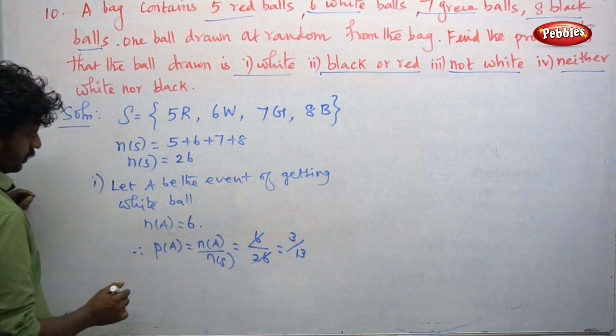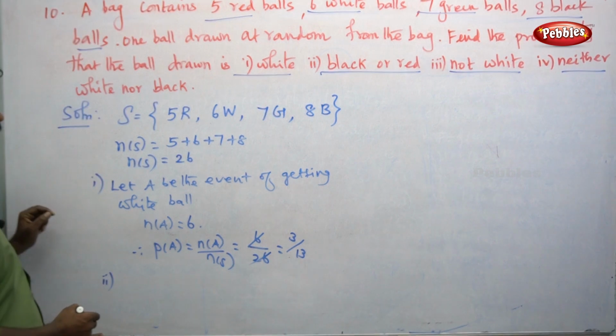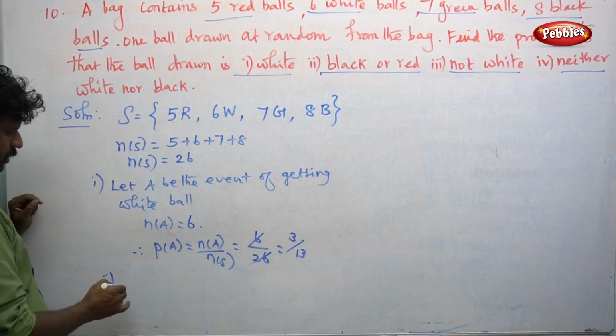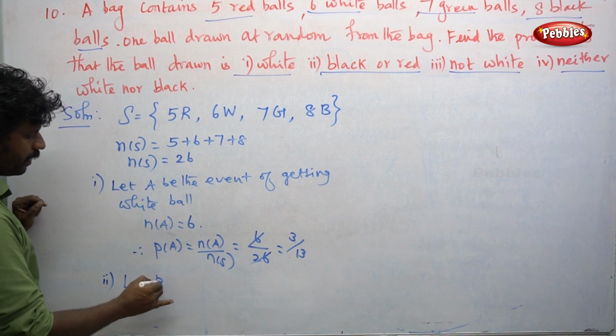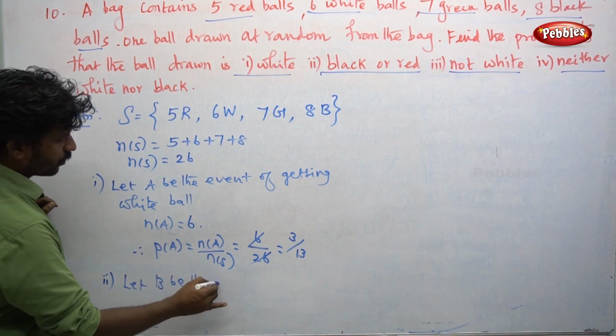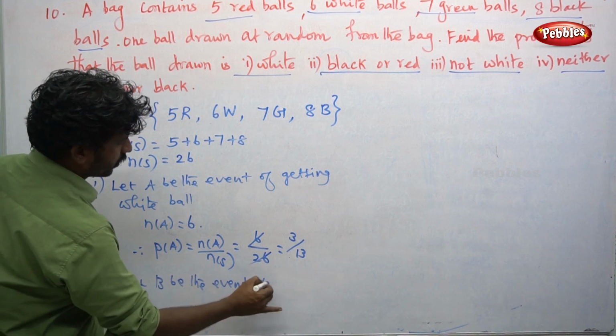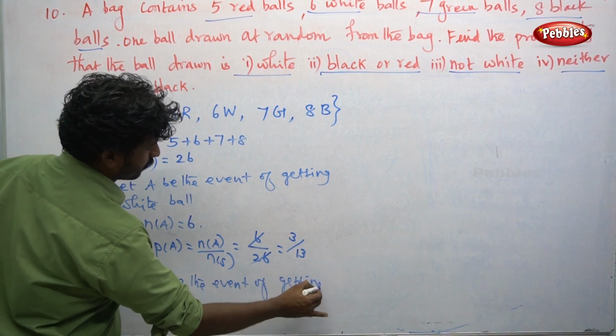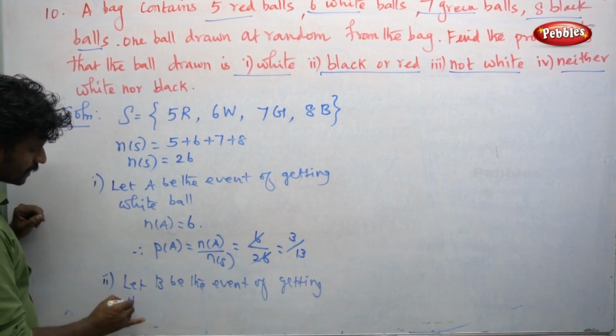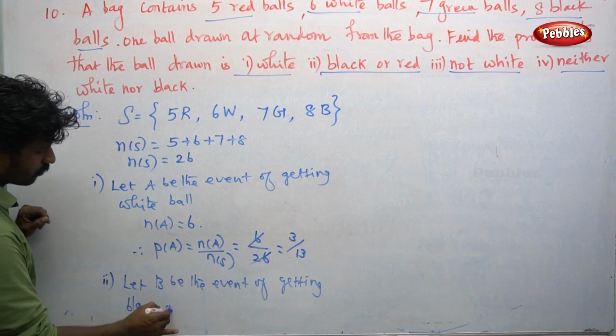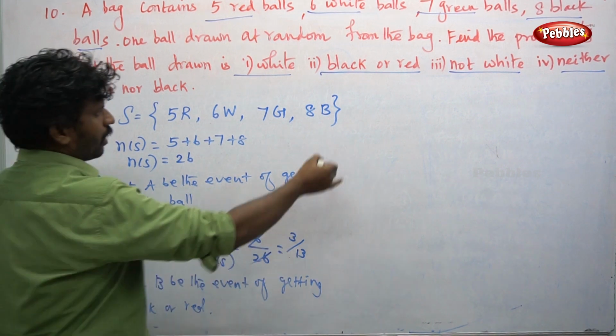So then the second point என்ன கொடுத்துருக்கு பாருங்க, black or red. Let B be the event of getting black or red.